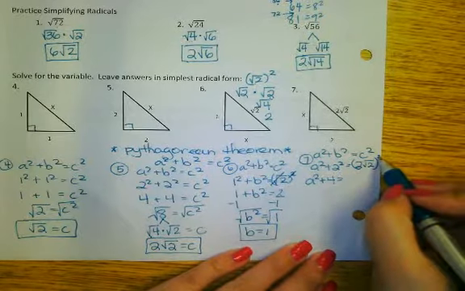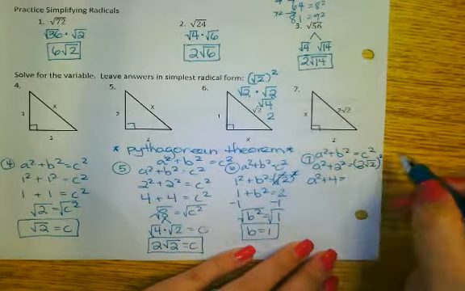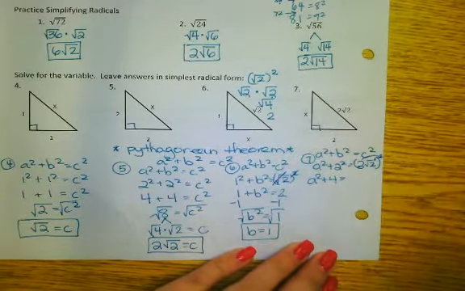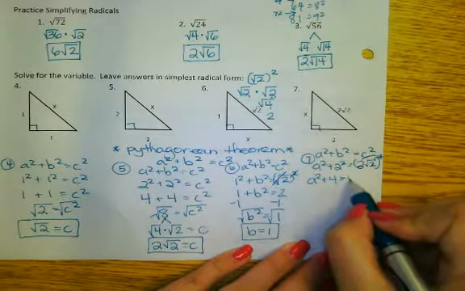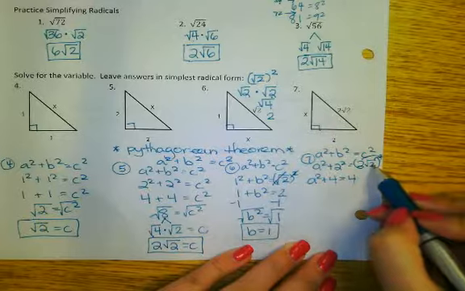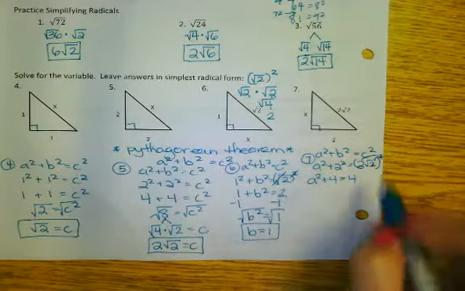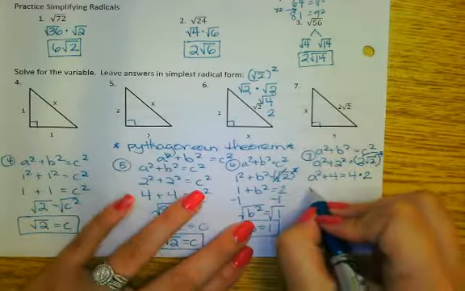You have to square the number out front, and you have to square the number underneath the radical. So 2 squared is what? 4. Square root of 2 squared, just like over here, is 2. So you take the product. So I have a squared plus 4 equals 8.